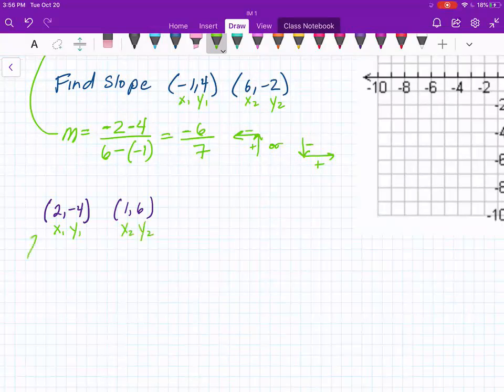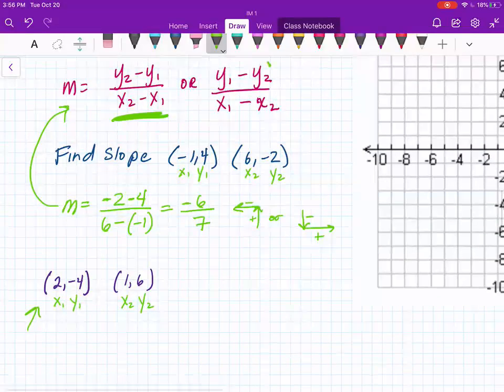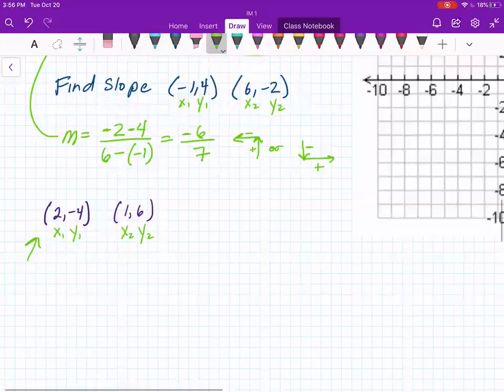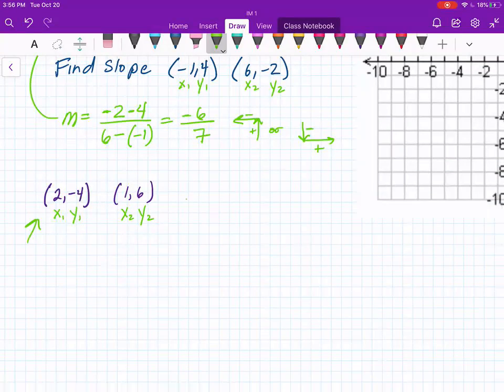And this time I'm going to use this point first, as I was showing you up here. So let's say our m is equal to -4 minus 6 over 2 minus 1.